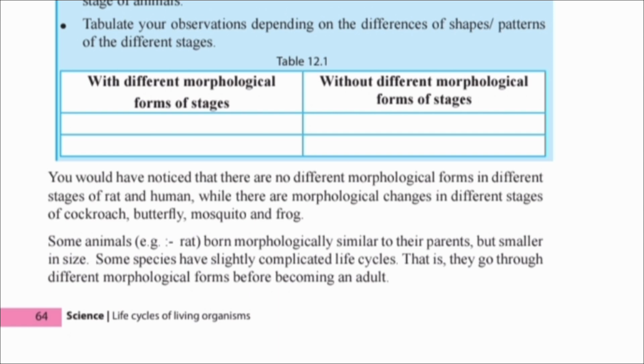The important point is the rat is born morphologically similar to its parents but smaller in size. Some species, for example human, are the same as rat. Others have slightly complicated life cycles, so they go through different morphological forms before they become an adult.